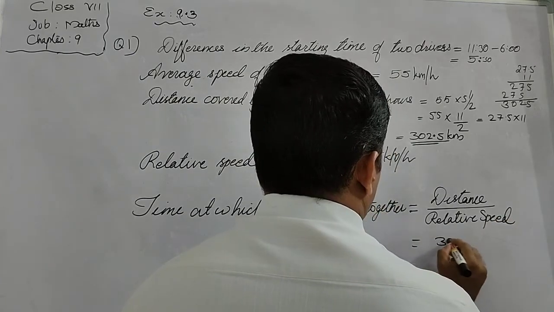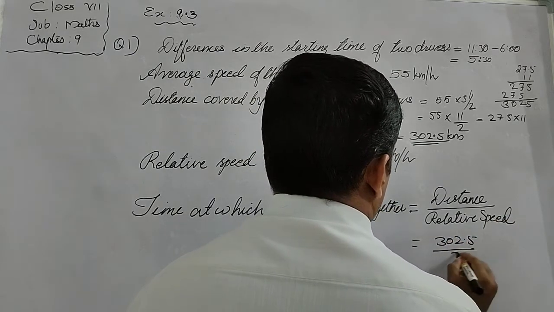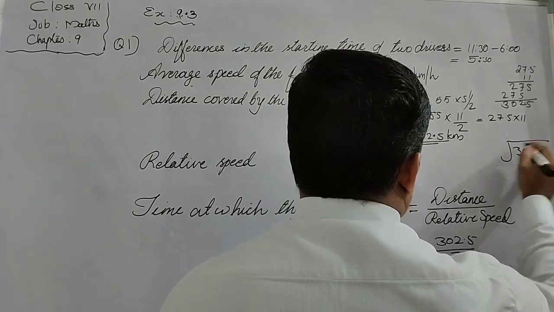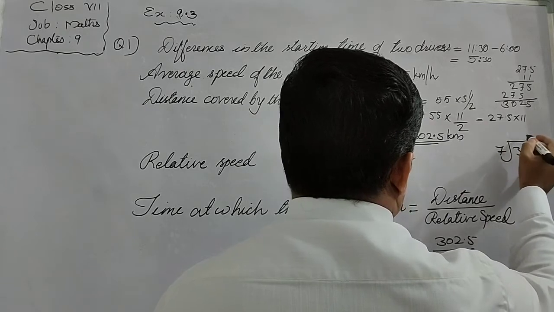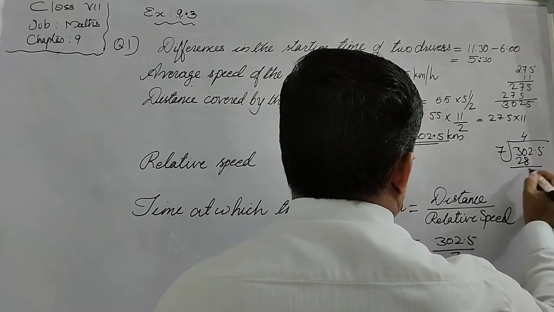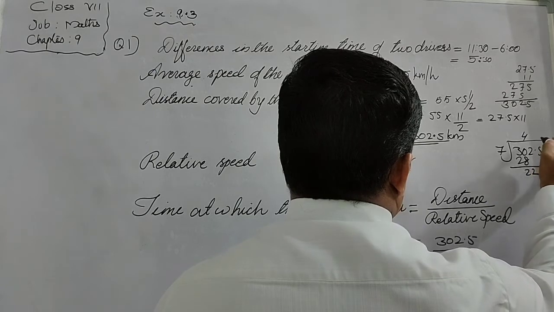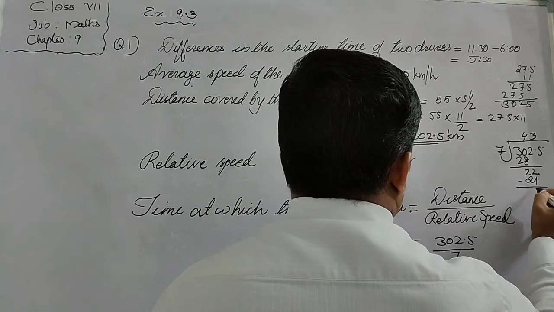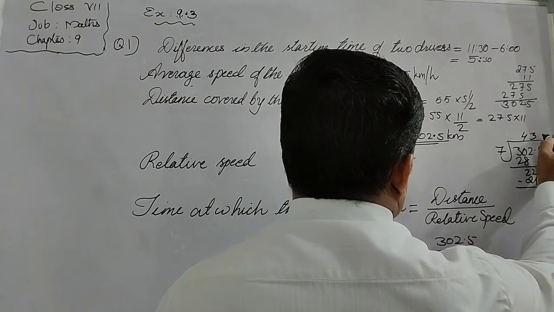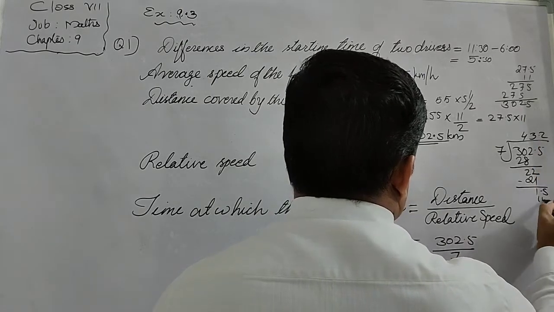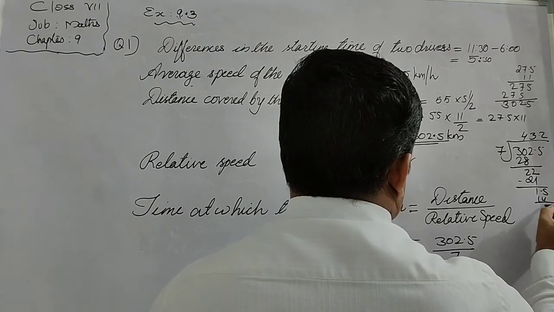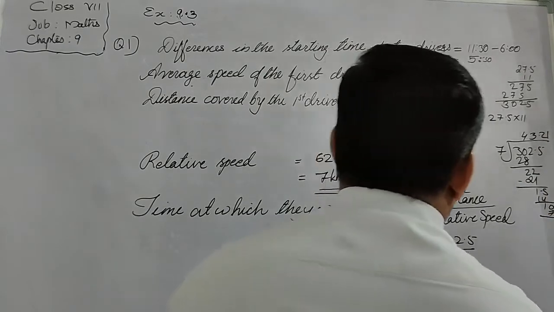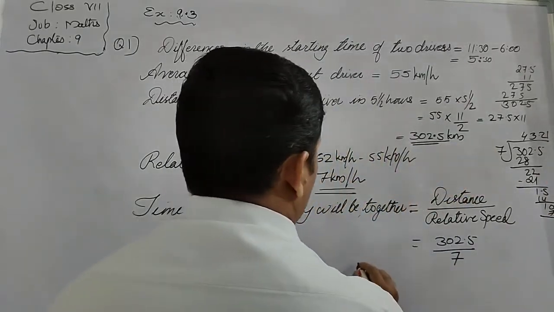Distance is equal to 302.5 divided by 7. We divide 302.5 by 7. So it will go on like this, so we will stop from here.